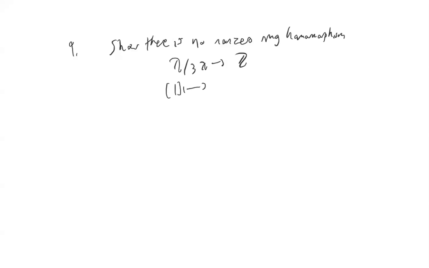Because if 1 gets sent to 0, then 2, which is 1 plus 1, is also sent to 0. And obviously 3 is sent to 0 as well, because 3 is 1 plus 1 plus 1. So if phi is non-zero, the class of 1 is sent to A, where A is not 0. Do you all agree?